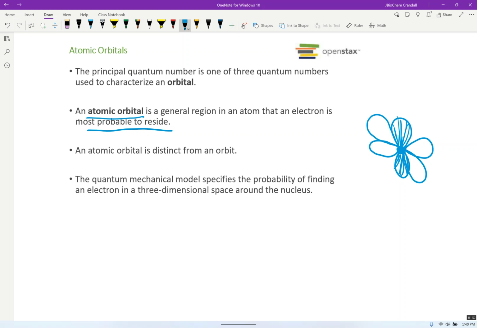One is on the x, one is on the y, and the other one will be on the z plane. So one up and down, and then your third dimension back and forth, right? That's the identity of finding the electron within these p orbitals.